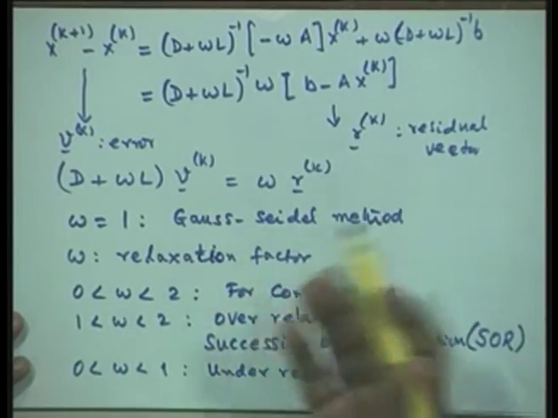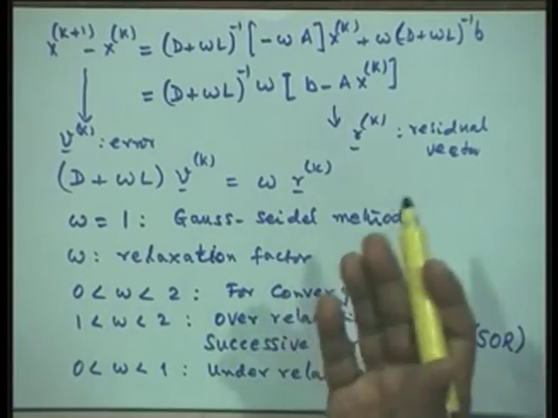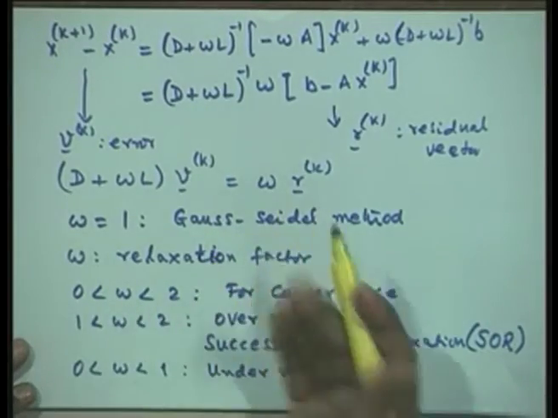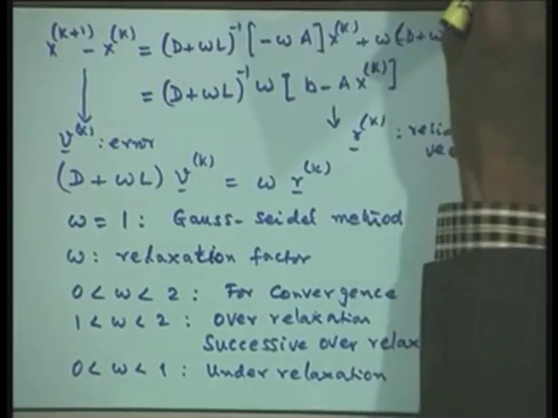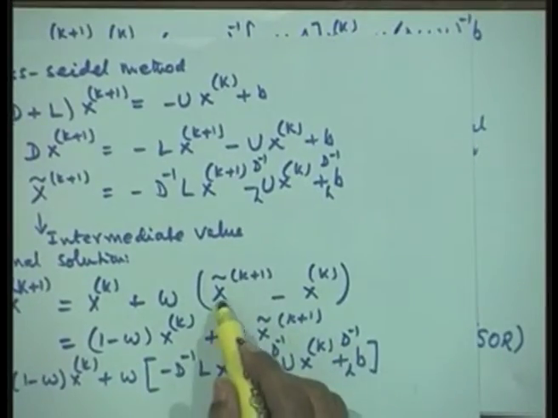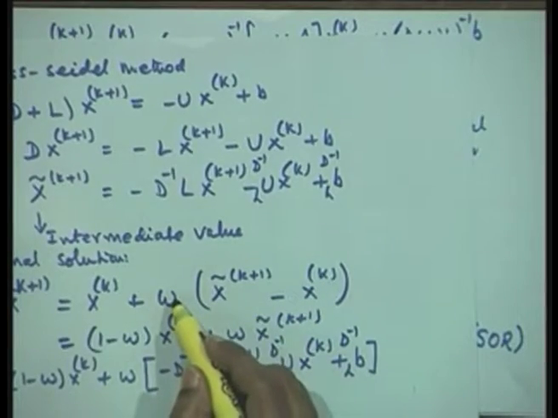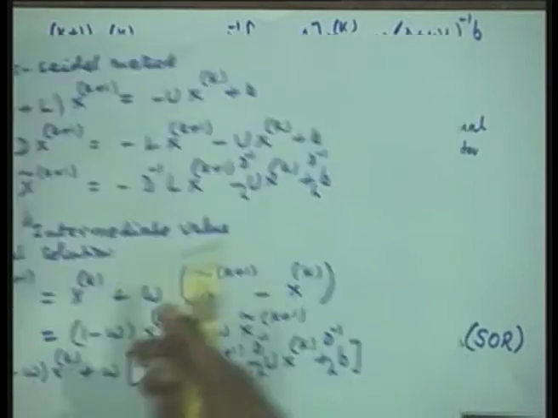Today you can even try it for non-symmetric matrices, because what we are really doing here is taking a type of error between Gauss-Seidel and this one, multiplying by a suitable factor and adding to it. In a sense, we are improving upon the error in the solution, and therefore the method would work for other cases also.